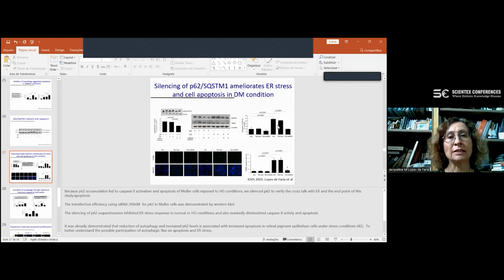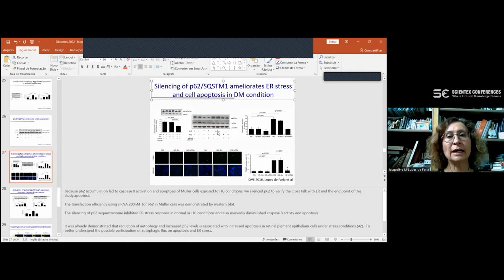Next, we silenced the P62 protein in order to ameliorate the situation. The silencing of the P62 was efficient, we can see by 60%.